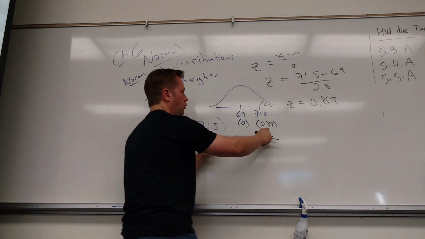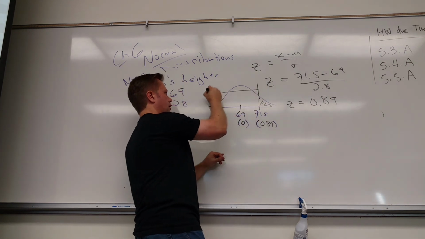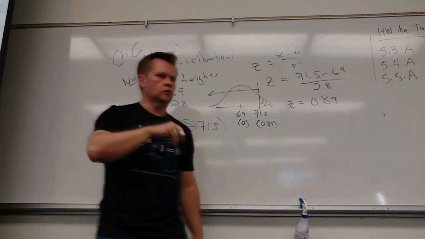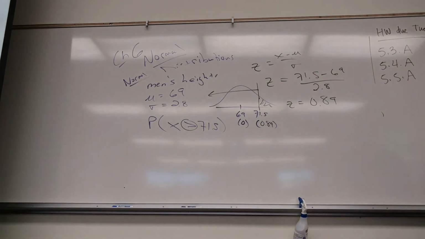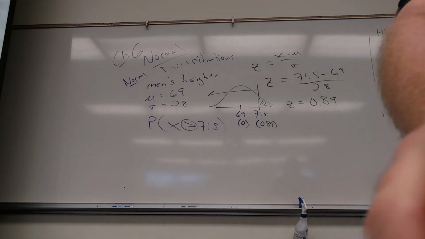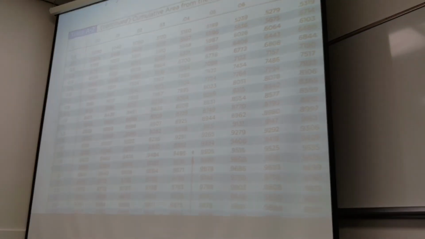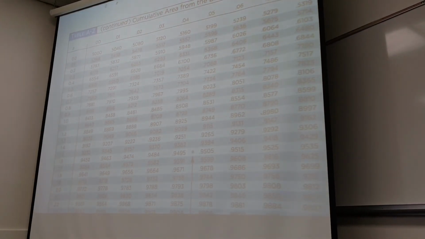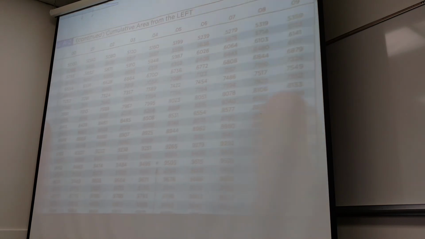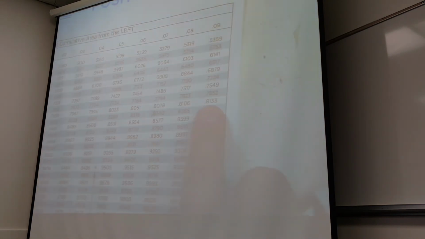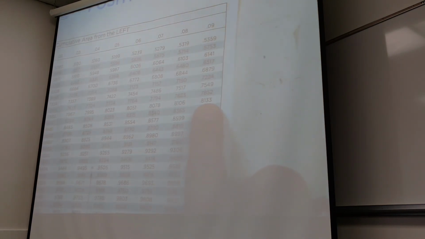So when I look up 0.89, I'm going to get this area. So what do we get when we look up 0.89? I get 0.8133. Cool.